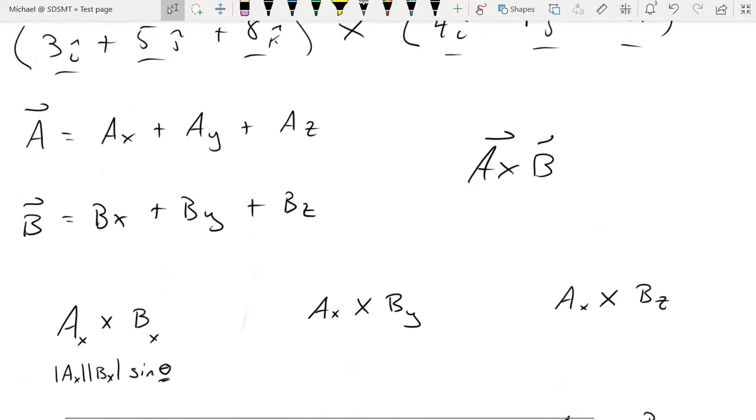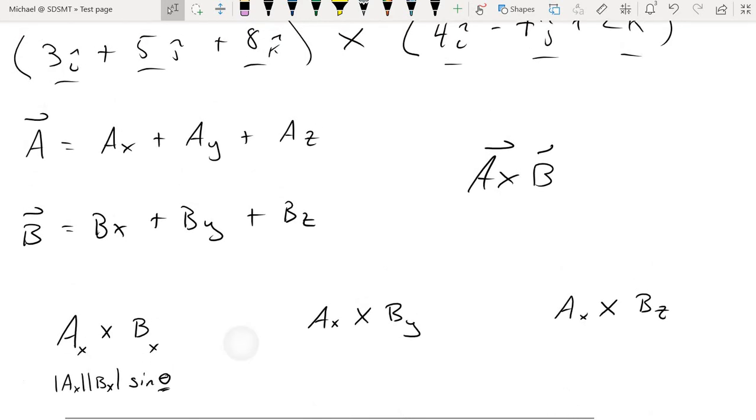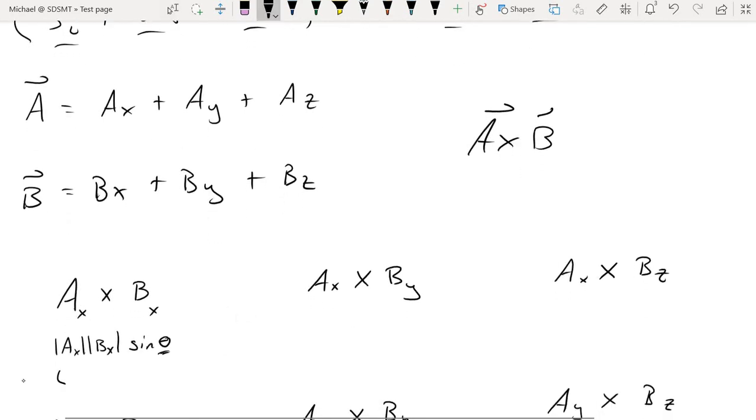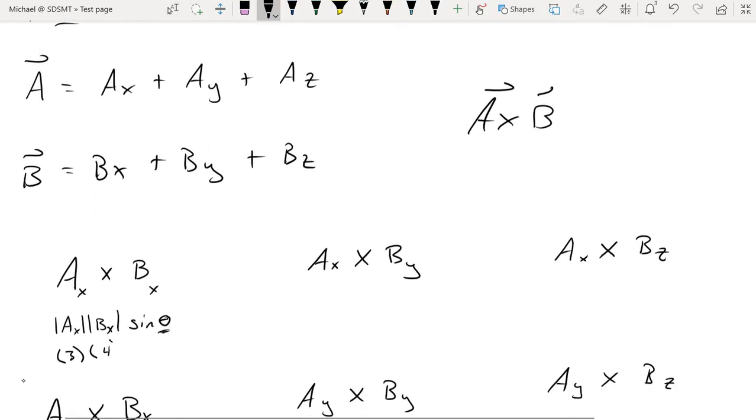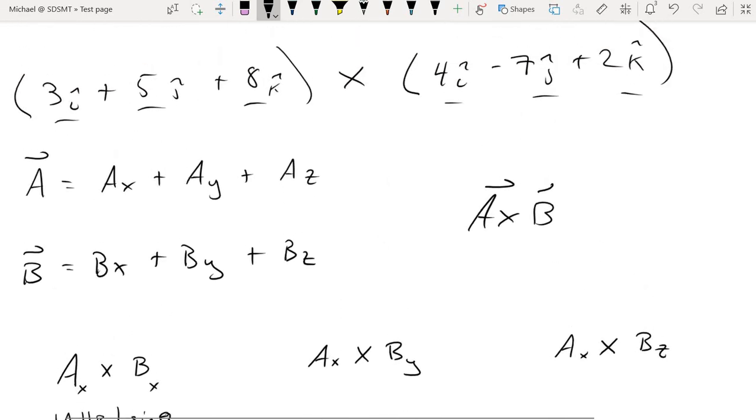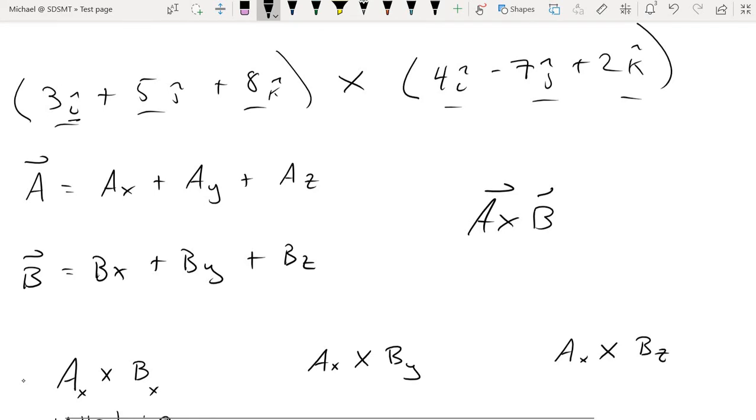So let's go for the first one. We have the magnitude of A x, which is 3, times the magnitude of B x, 4, times the sine of the angle between them. Well, A x is in the i-hat direction. B x is also in the i-hat direction.